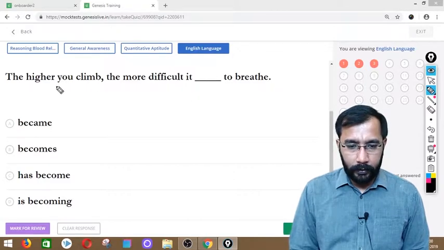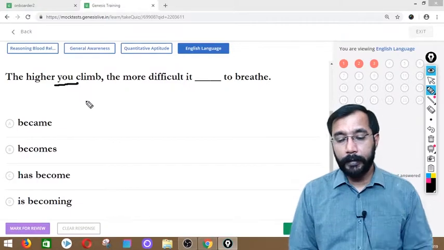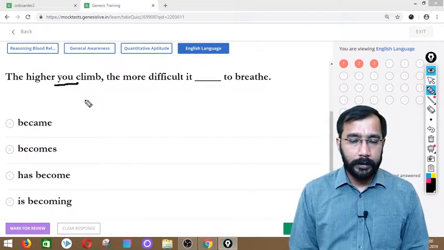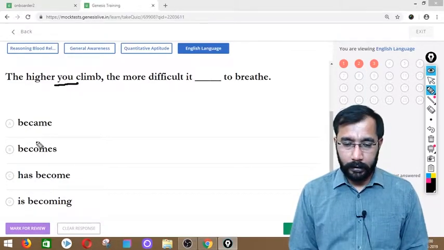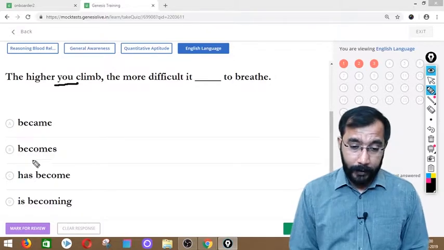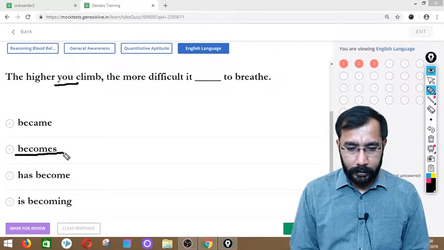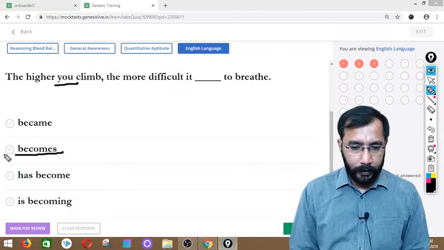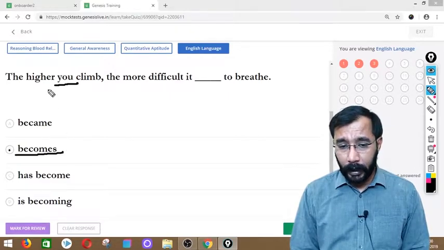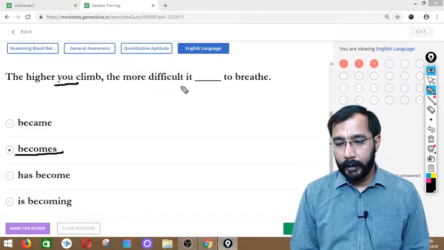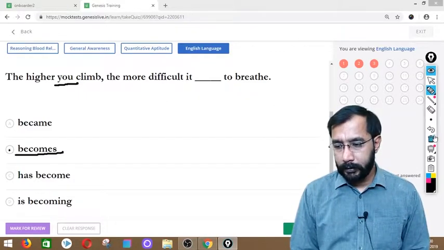Over here, you is the giveaway, you is singular. So, the subject verb agreement principle says singular subject, singular verb. Become is a verb, and over here, since you is singular, becomes is the right answer. The higher you climb, the more difficult it becomes to breathe. That would be the right answer.